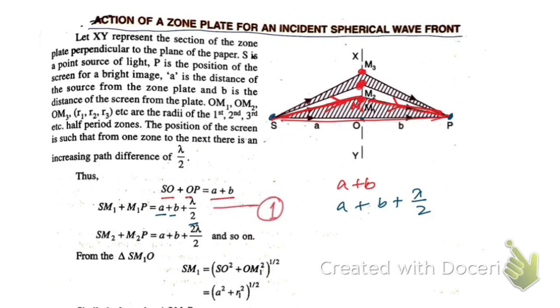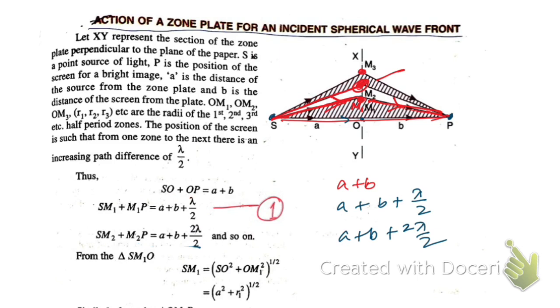Then the next part, this above part, SM2 plus M2P is longer than this part by again lambda by 2. So that's why we're gonna get A plus B plus 2 lambda by 2. This is what we have got, and so on, right? So hope you have understood this.